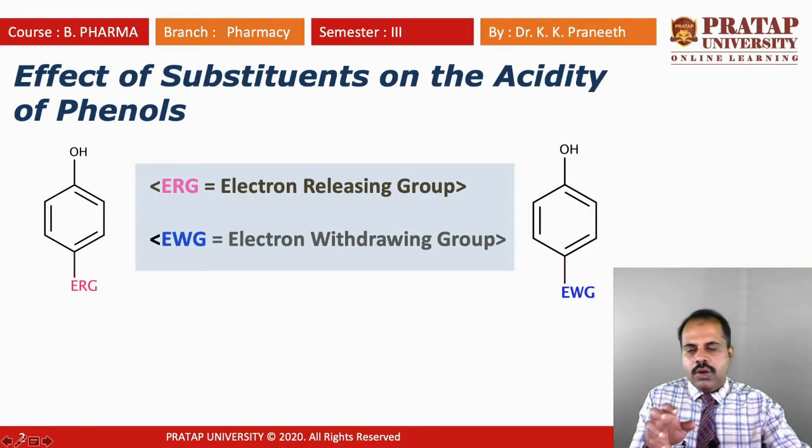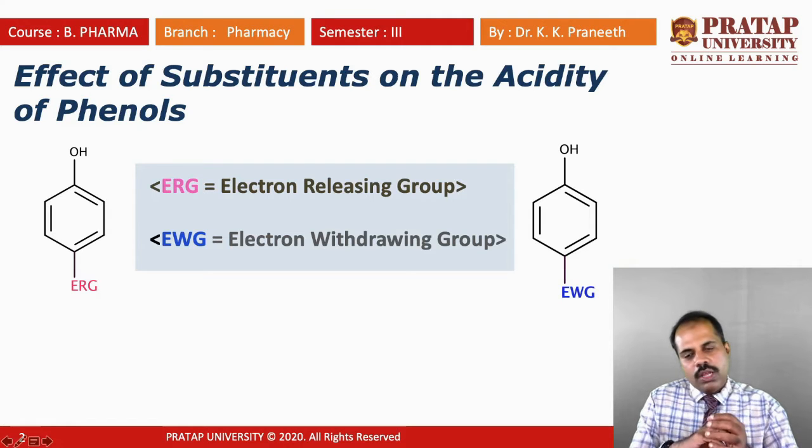So let's see, the phenol has an electron releasing group. On the left hand side, you see it contains the electron releasing group, which can release electrons, right? And on the right hand side, shown in blue, that group is called the electron withdrawing group.